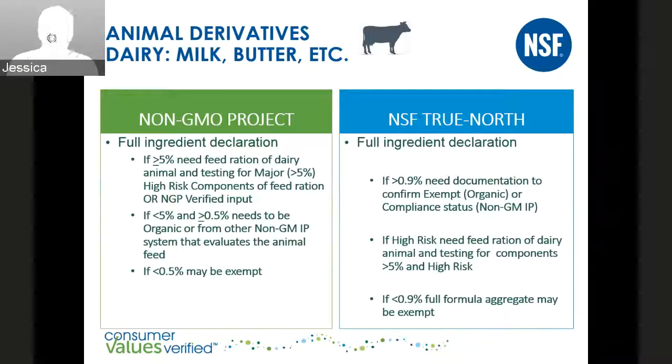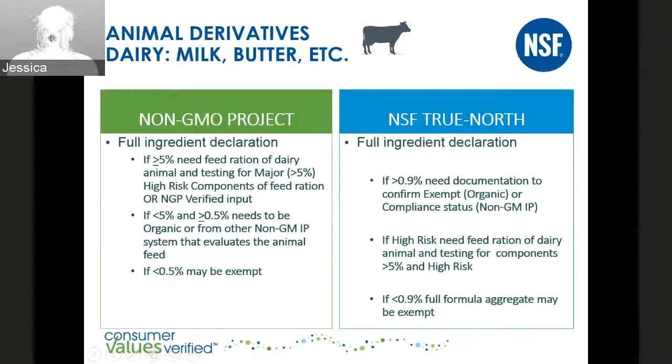And it's very similar to True North, with the exception that if, let's say, the milk is present at 0.9% or more, then you could submit an organic certificate or a non-GMO IP certification for that milk.